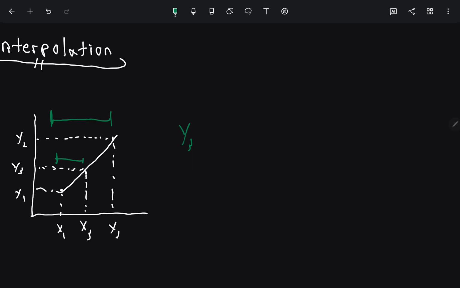So we're going to start with how far along we are out of the total distance. That is x3 minus x1, this distance here, and the total distance is x2 minus x1, this total distance. So we say x3 minus x1 over x2 minus x1. That is the percent along we are.